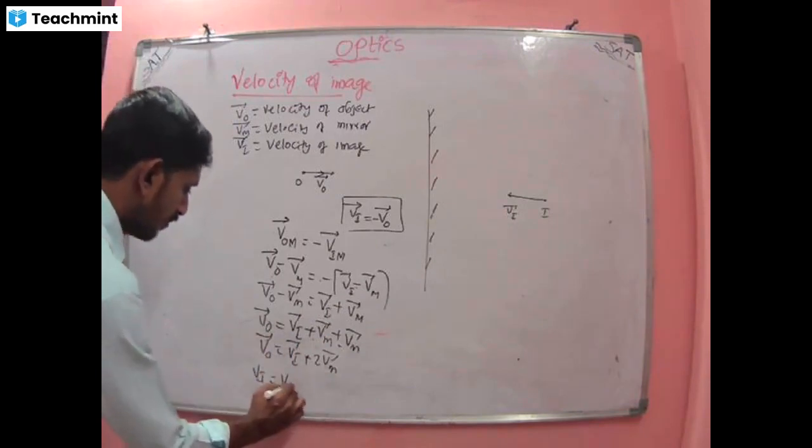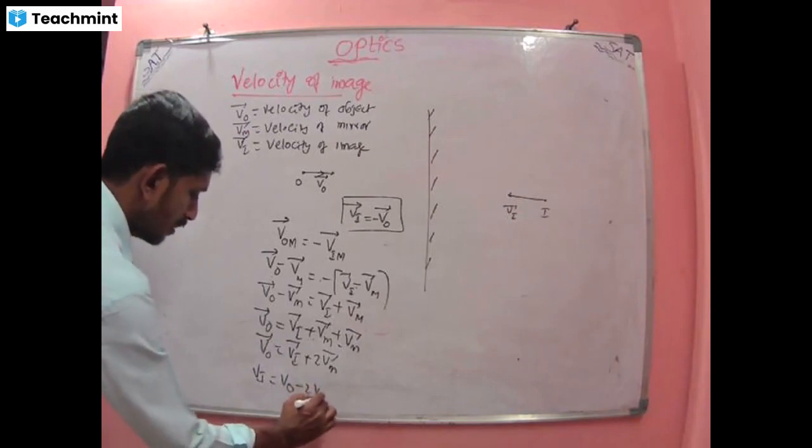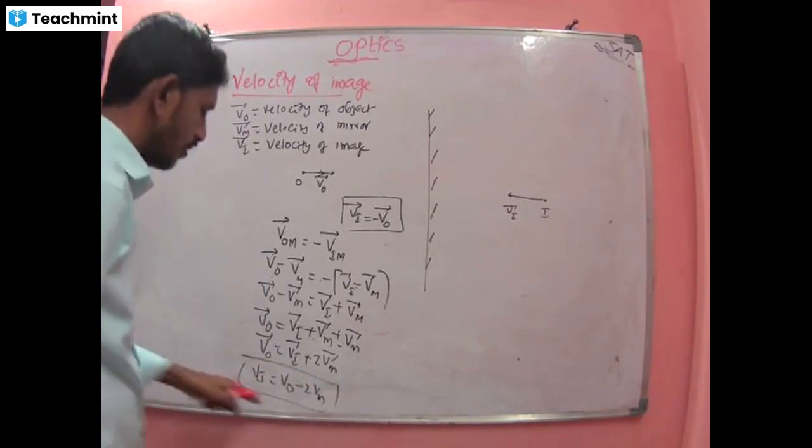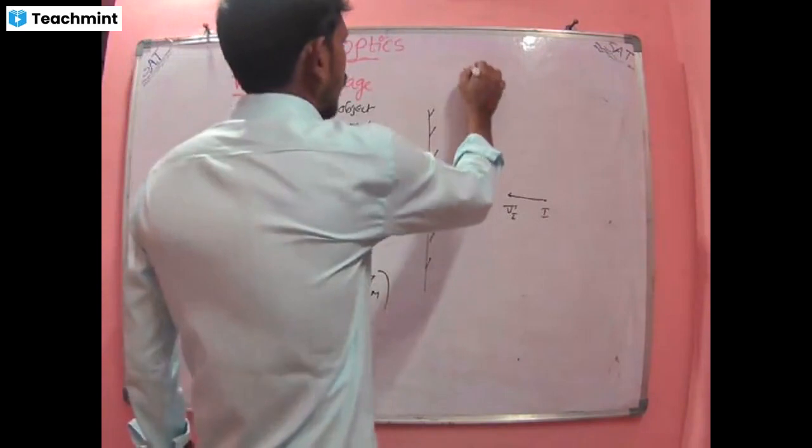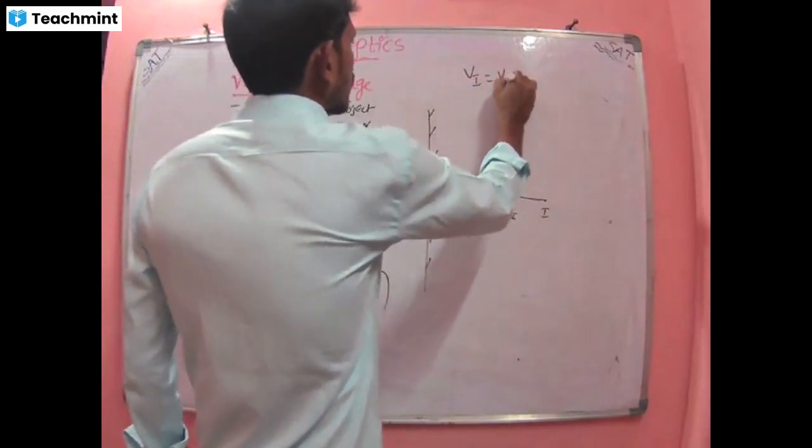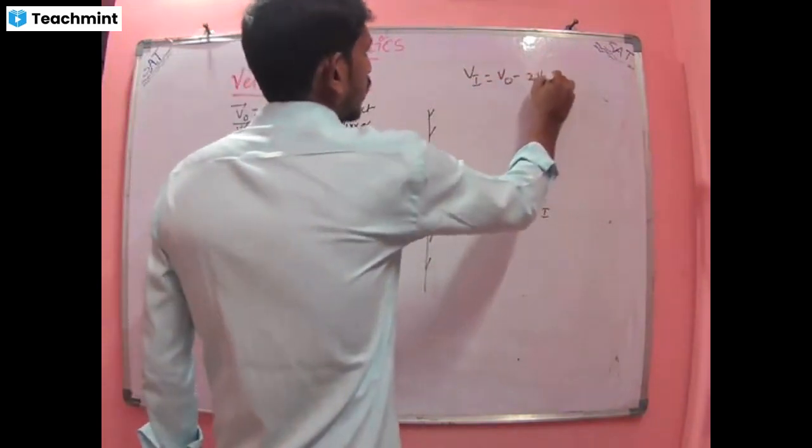Bring this to the other side: velocity of image is equal to velocity of object minus 2 times the velocity of mirror. VI is equal to VO minus 2VM.